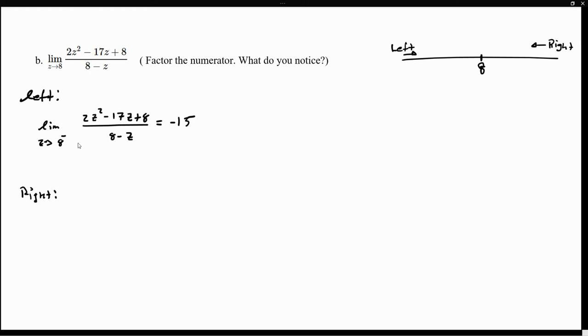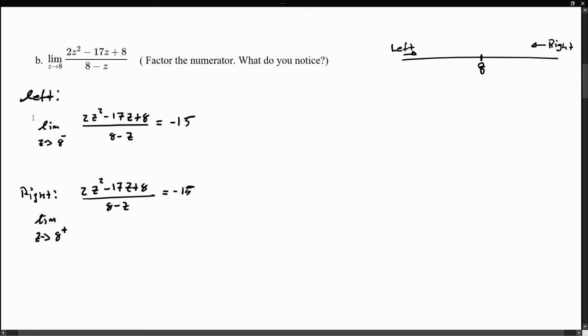So therefore, let me write this down. The limit as z is approaching 8 from the right hand side of 2z squared minus 17z plus 8 all over 8 minus z is equivalent to negative 15 as well.